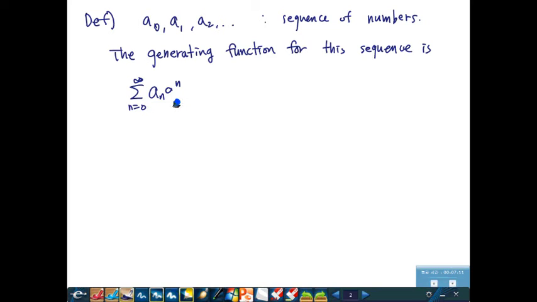In this class, we will often use q as the variable for the generating function.